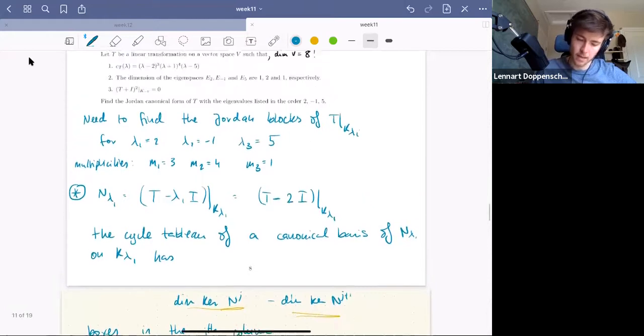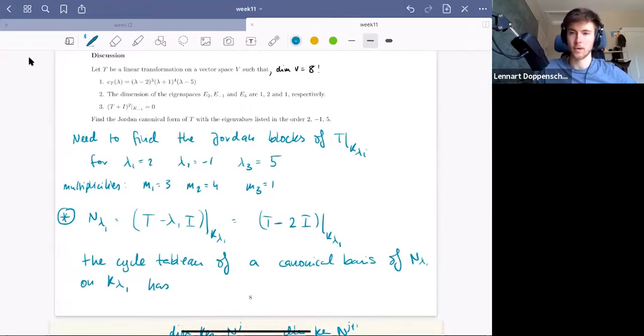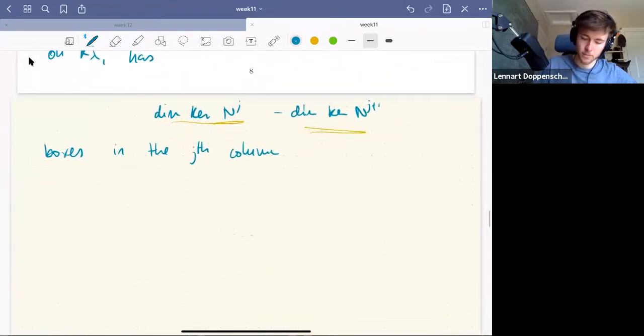And so far, probably the most confusing point of this discussion is that we don't even know what T is, and we don't know what this nilpotent transformation is, but we know we can compute the relevant kernels and the relevant numbers. So what we really want is these dimensions of the kernels.